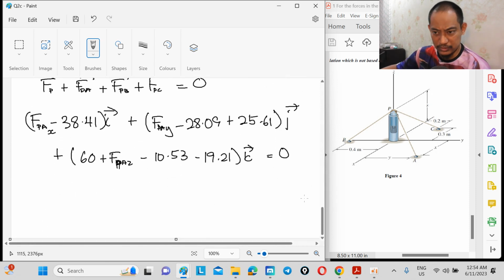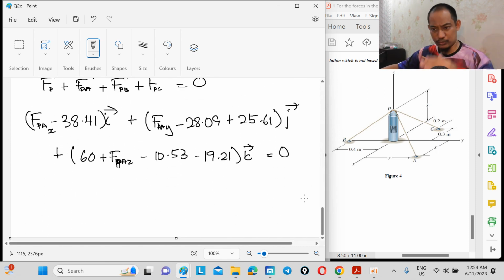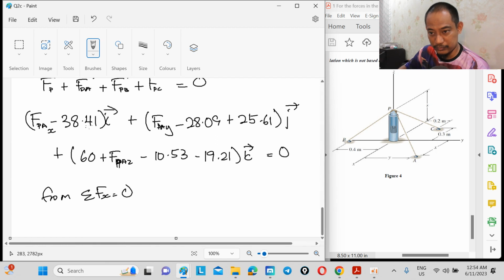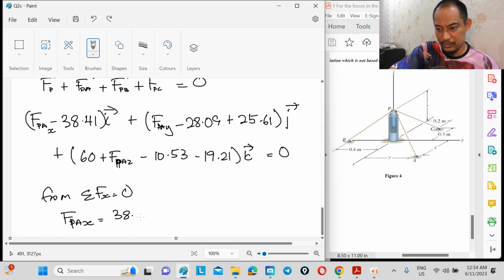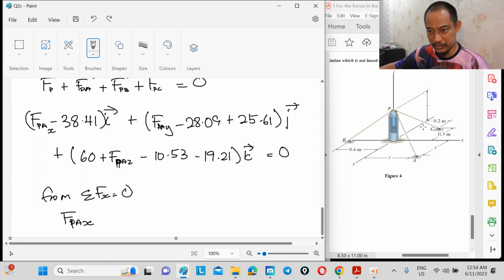Of course it takes more time on the computer because we have to scroll. From here you can take each and set it equal to 0, so you can get the answer. The proper way is to write the equation first so that we get all the marks.